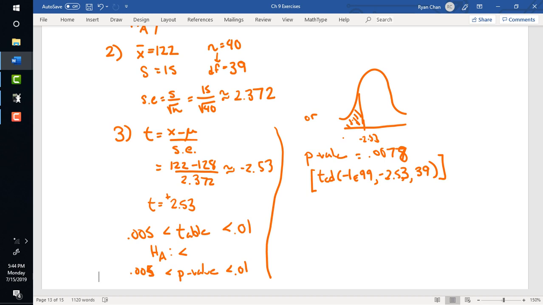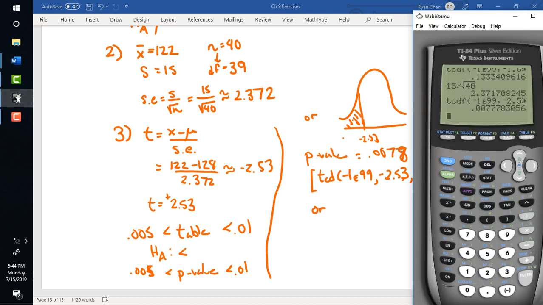And then what we're going to do next, the last option, is t-test. So you're going to go to stat, test, t-test, and you'll type this in. So you're going to type in everything that we have, right? So you'll do 128, 122, 15, 40, and then we're going to select less than, because that's what we said for our alternate, and then we'll calculate.